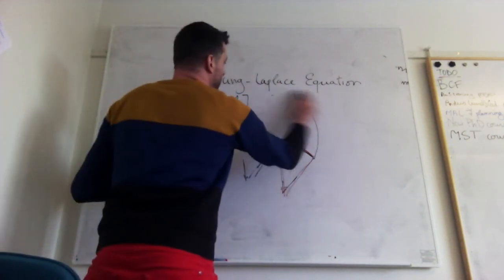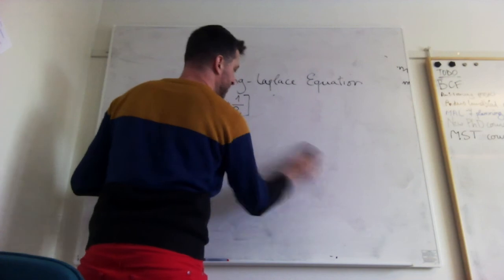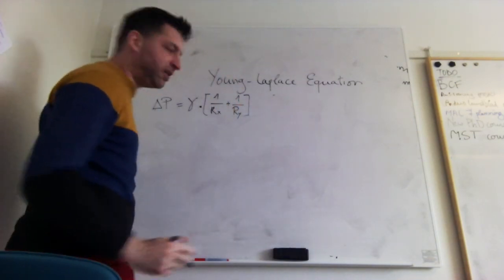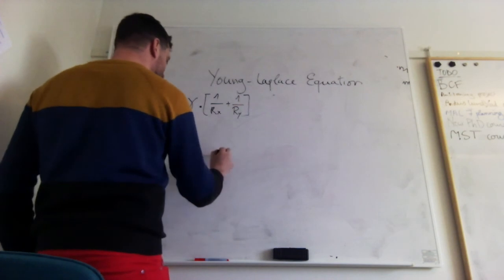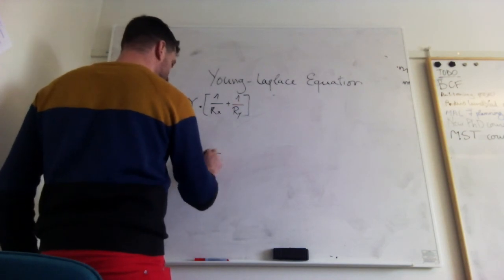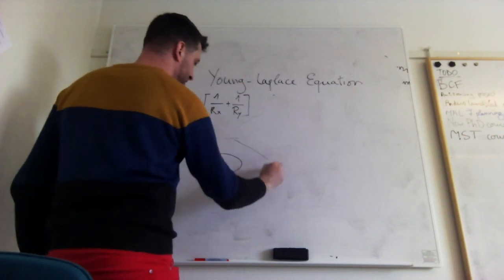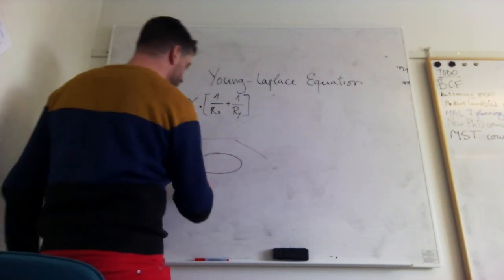Let's look at this now in two examples. This is the next quiz. I'm going to consider two particular cases. The first case is where I have a perfectly circular hole.